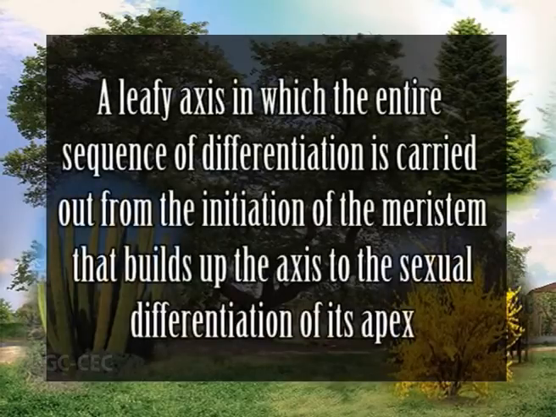her study of tropical Apocynaceae, and then applied to a leafy axis in which the entire sequence of differentiation is carried out from the initiation of the meristem that builds up the axis to the sexual differentiation of its apex.